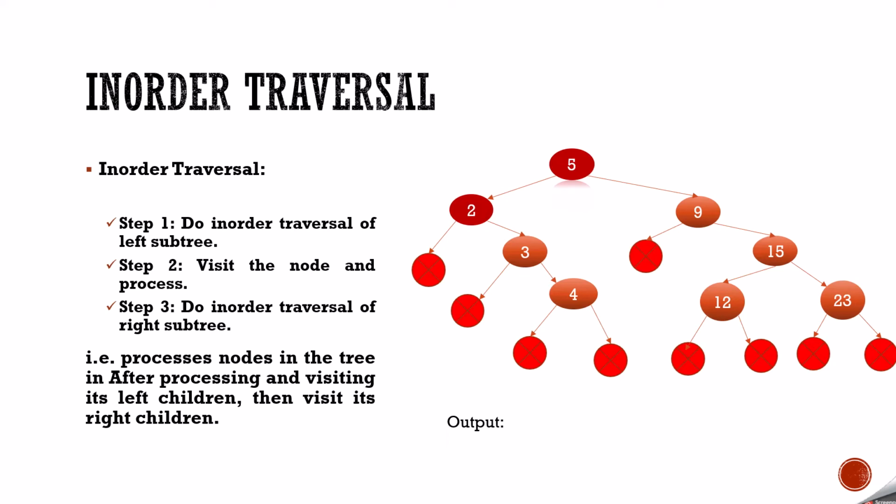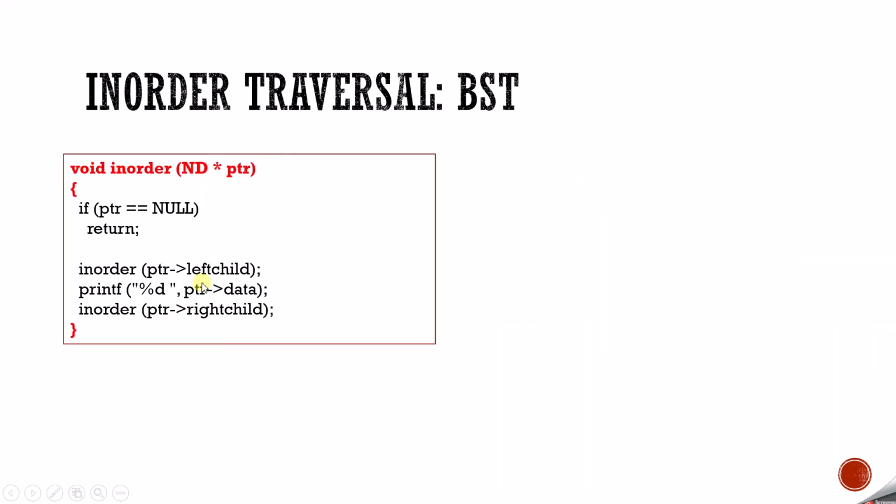For every node, first we will traverse the left subtree, then the node itself, and then go to the right subtree of that particular node. That is exactly why the function has been created following the same structure. First we go to the left child, and when the left child traversal is over, it will print the data of that particular node, and then it will traverse the right subtree.